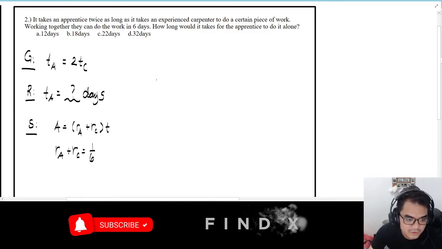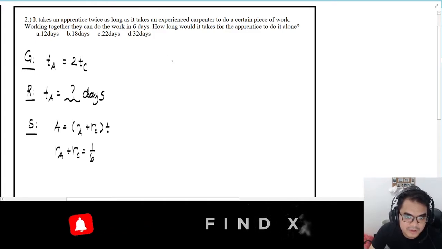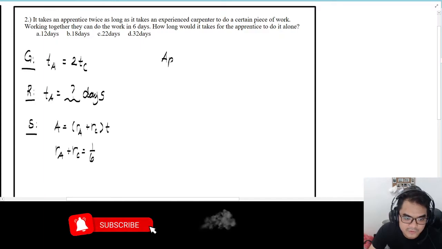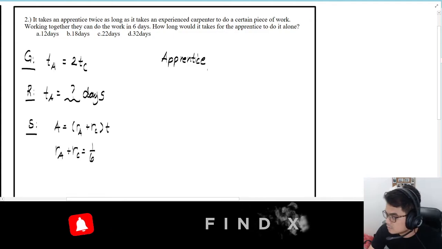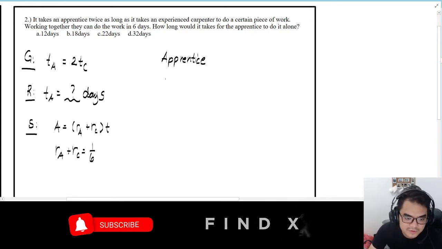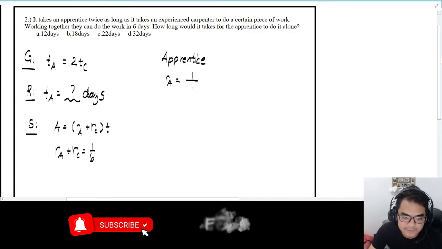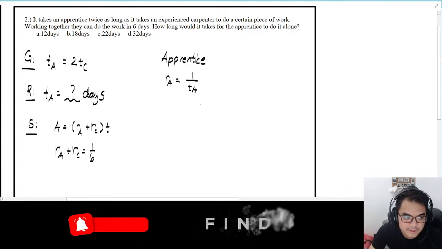Now let's get the rates of the carpenter and apprentice. For the apprentice first, RA must be equal to 1 over the time, so this is 1 over TA.